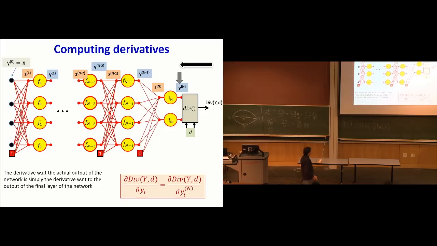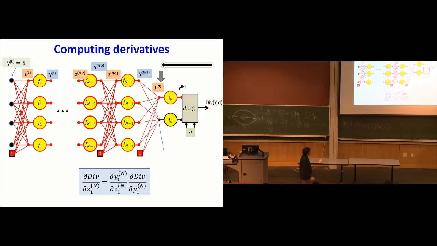I've already computed it. Next step, I can compute the derivative of this divergence with respect to, say, this guy. That's going to be the derivative of the divergence with respect to this output, chain rule, times the derivative of this output with respect to this input, right? So this guy has already been computed. In the first step, we computed the derivatives at this position.